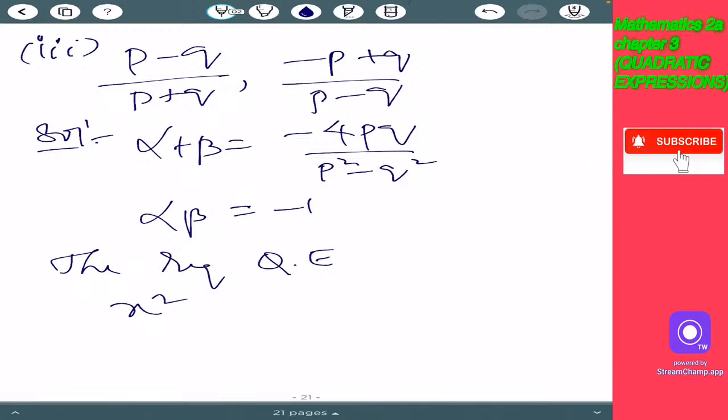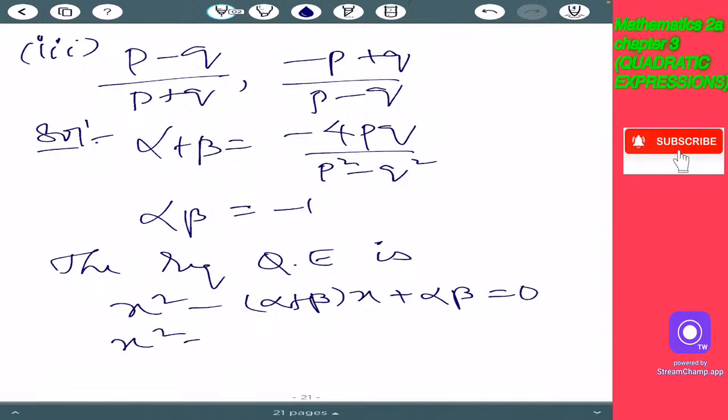Now x square minus sum of roots into x plus product of roots is equal to 0. x square minus, what is the sum of roots, that is minus 4pq divided by p square minus q square, plus of minus 1 is equal to 0.